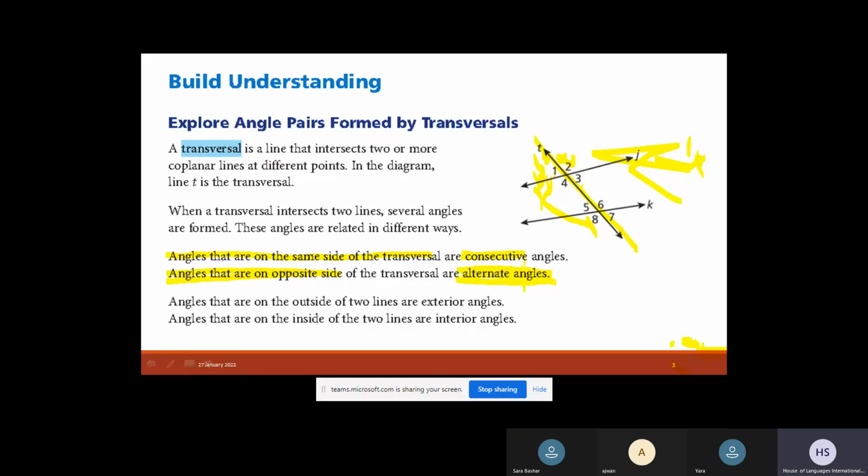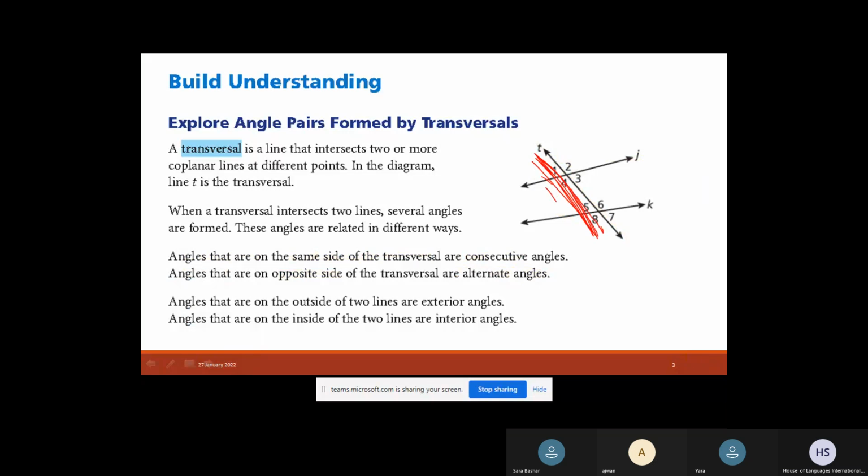Let's repeat it now. Let's talk about the consecutive angles. Look at the side.